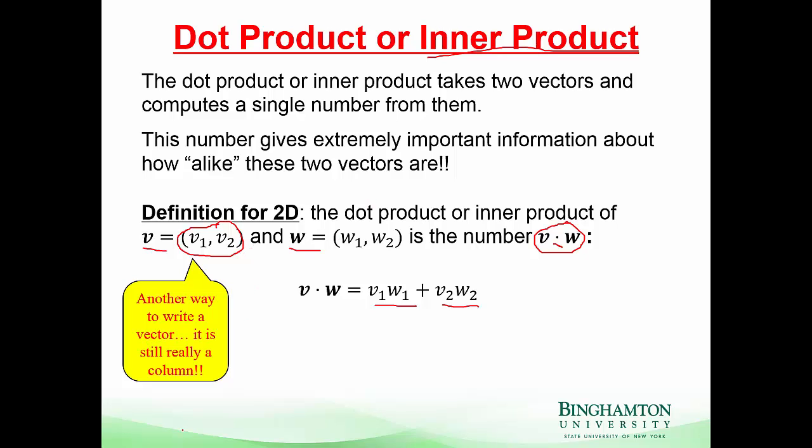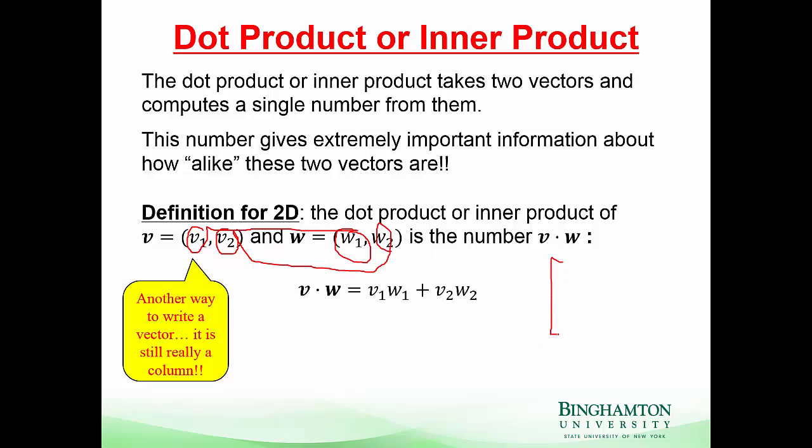So if we're looking at these two vectors, we take these two and multiply them together. We take these two and multiply them together. You can kind of think about lining the two vectors up next to each other as columns, and draw a line vertically.